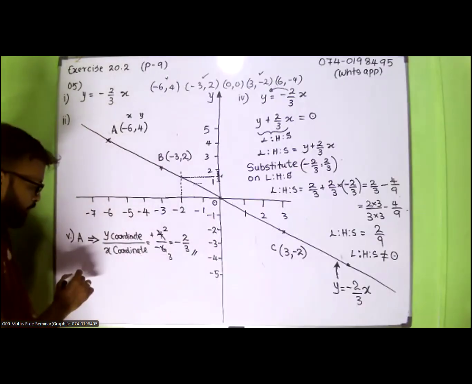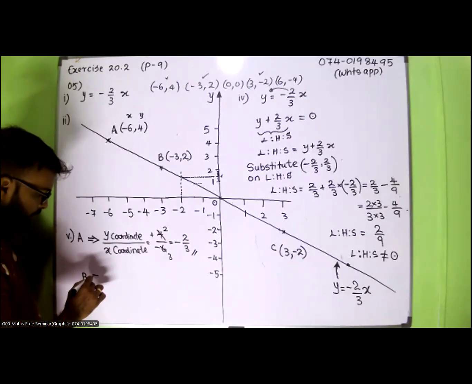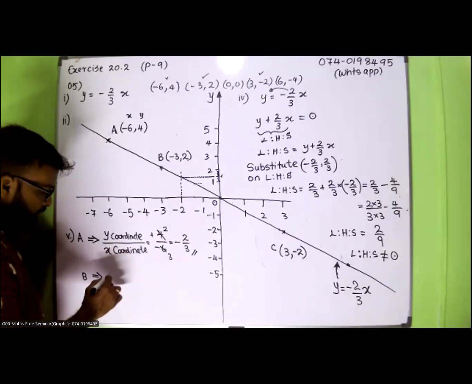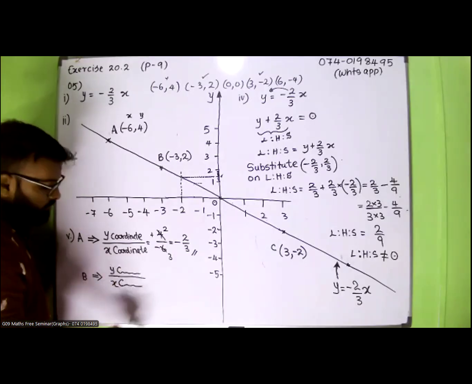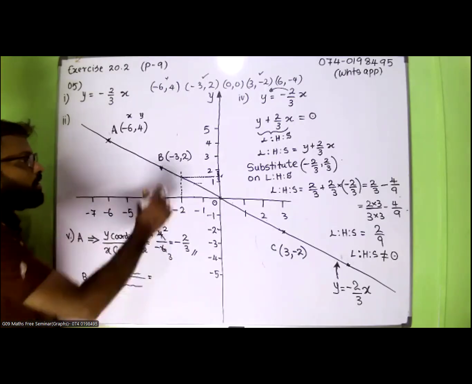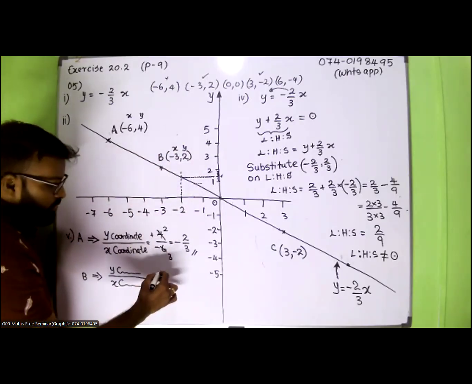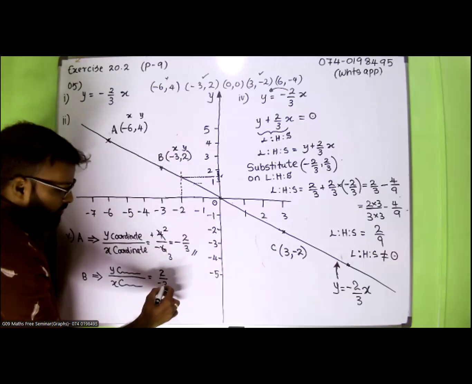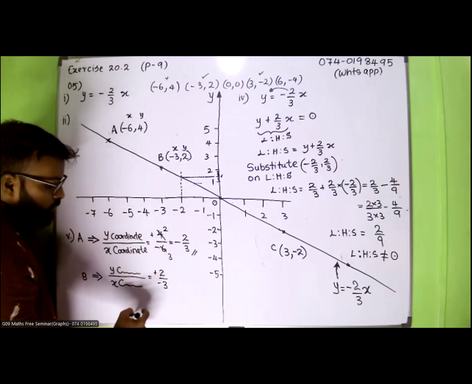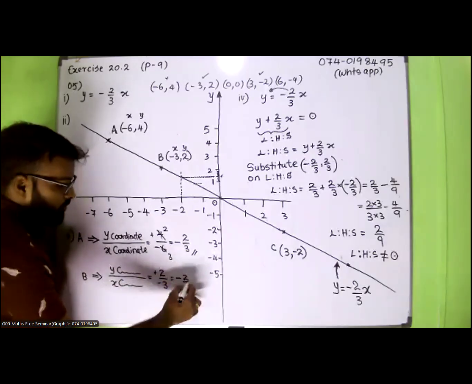Point B. Same thing I have to do. Y coordinate divided by x coordinate equals. This is my x coordinate, this is my y coordinate. Y coordinate is 2, x coordinate is minus 3. So the 2 is positive, positive divided by negative is negative 2 upon 3.